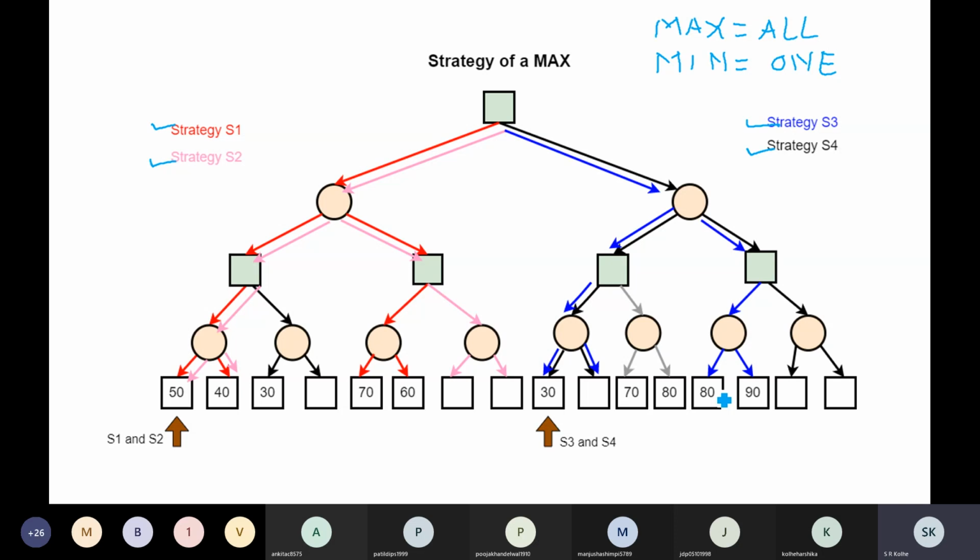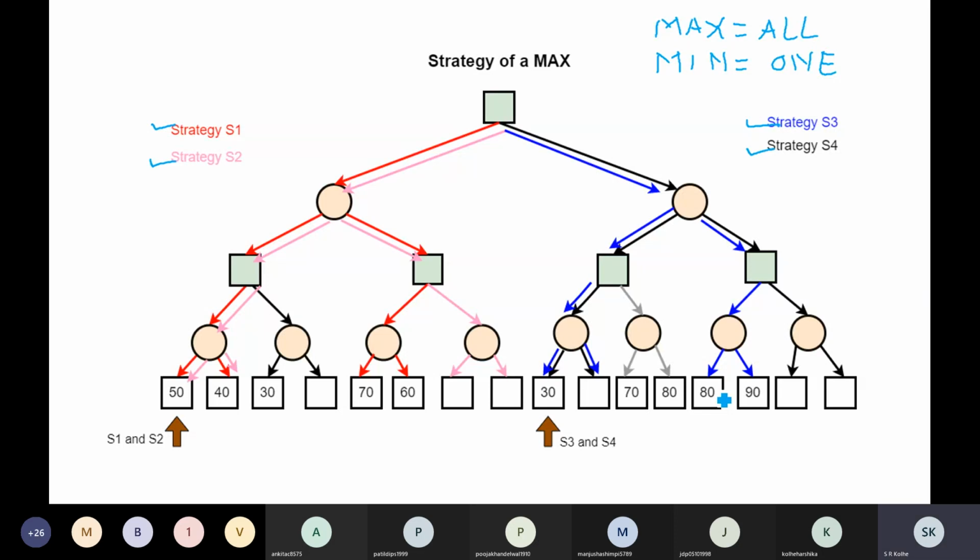The first step in the algorithm is you will have to find out a set of nodes which will cover all strategies. In this 4-ply game tree, there are 8 strategies S1 to S8. Every node belongs to 2 strategies. Now your objective is to find out a set of nodes which will cover all strategies.